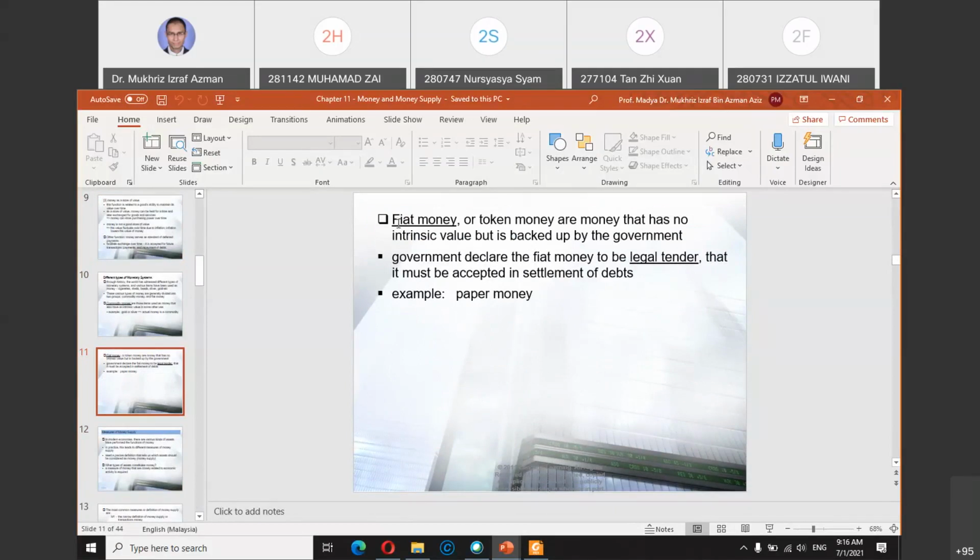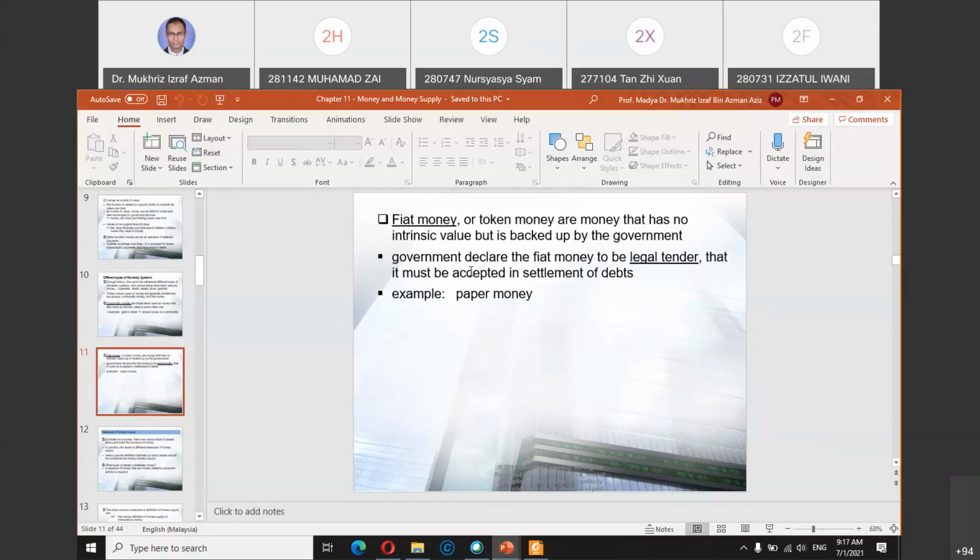For example, what is fiat money? Fiat money is money that has no intrinsic value. For example, the 50 ringgit in your wallet has no value unless the government says that it has value.